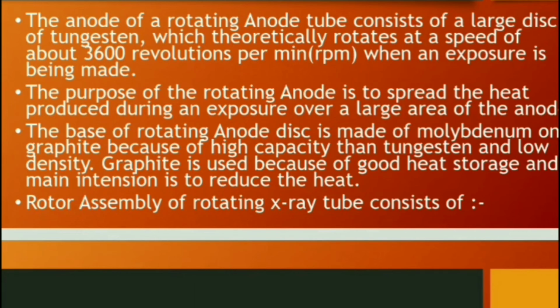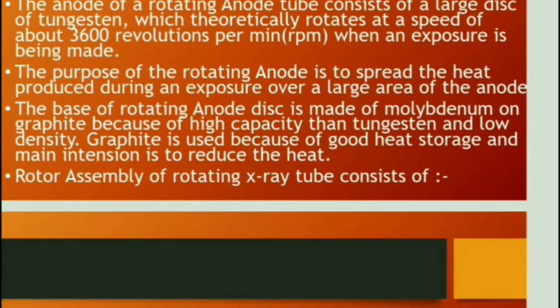What is the purpose of the rotating anode? The purpose of the rotating anode is to spread the heat produced during the exposure over a large area of the anode.